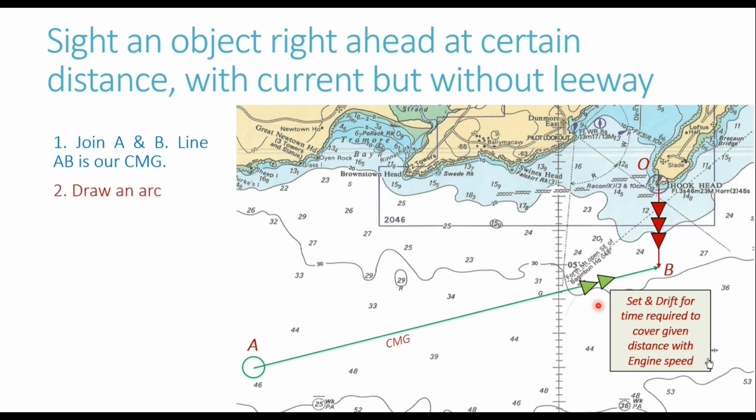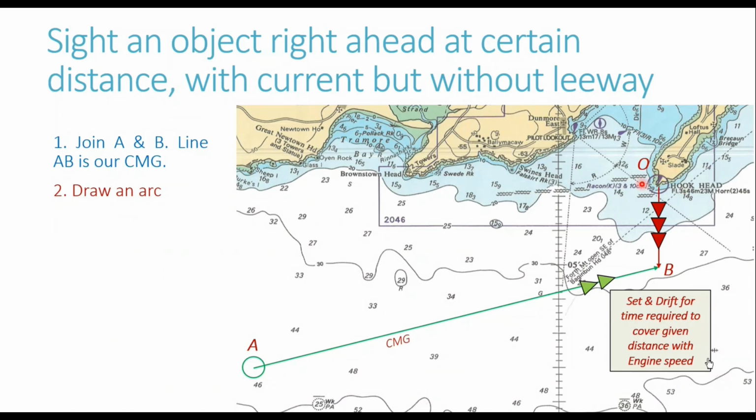Now in the next step, we have to draw an arc. So pick up your compass and open up your compass equal to the distance which we need to have from this object. The distance at which this object should be right ahead of us. So open up your compass equal to that distance.